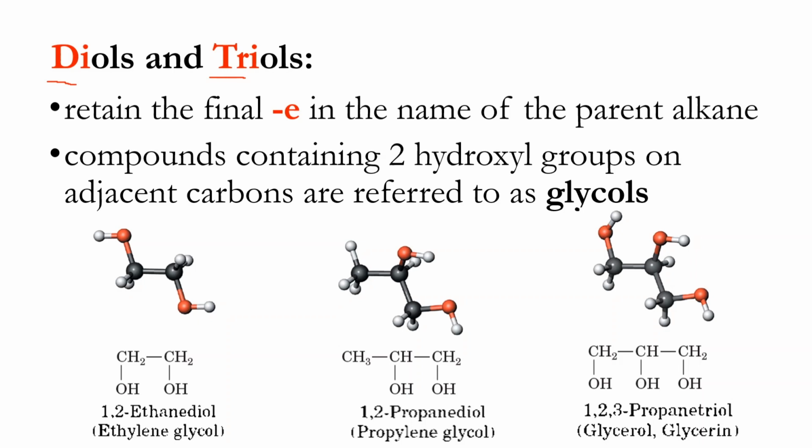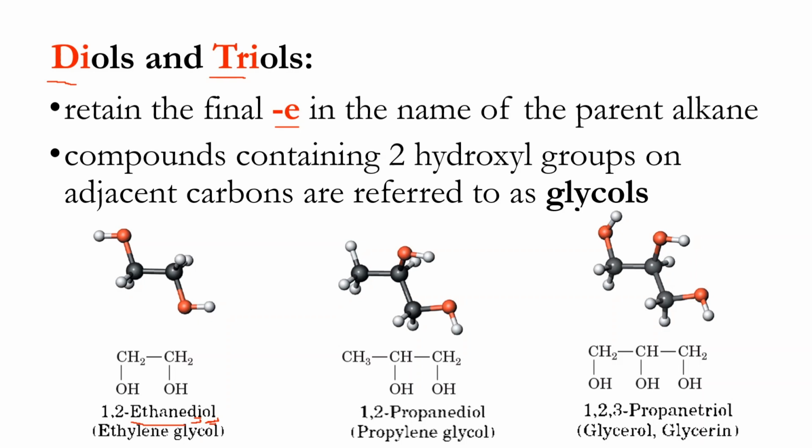You retain the E of your alkane. Earlier in alcohols where there is just one, you drop E in the alkane name and change to OL. But this time you have to complete the name of the alkane. So in ethane diol, you complete the name of ethane, and then to indicate that there are two alcohol groups, you add the prefix di and then the suffix OL. So you call this ethane diol.